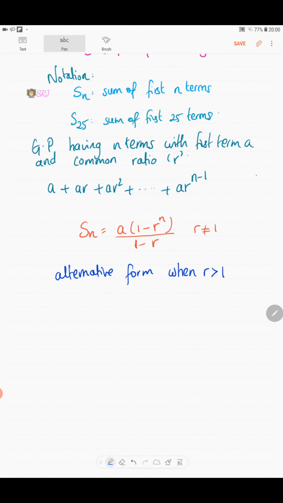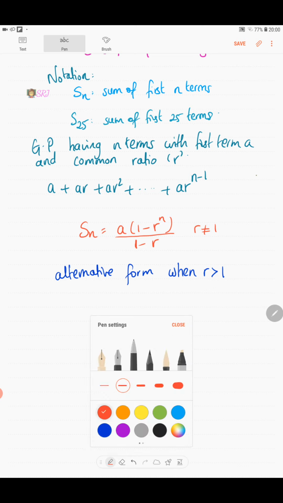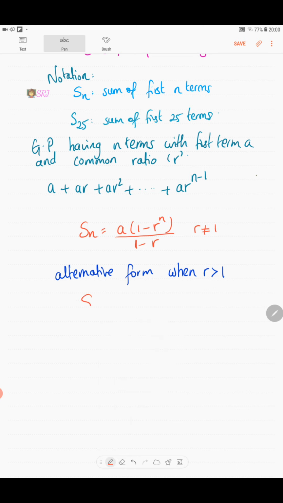So the alternative form is Sn is equal to A into R power n minus 1 over R minus 1. So here also, undefined for R equal to 1.